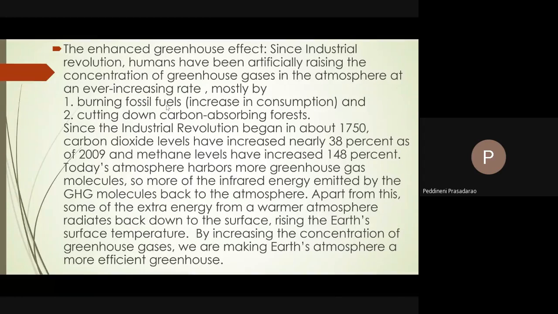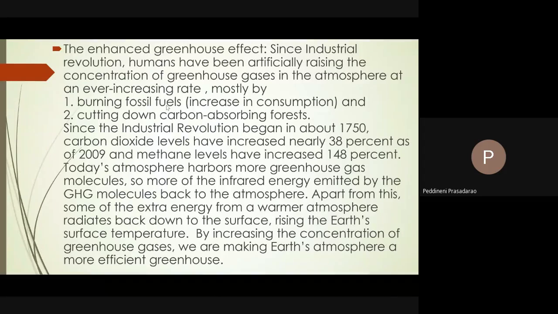So two things have happened as far as this Industrial Revolution is concerned. We started producing more and more carbon dioxide, oxides of nitrogen and other greenhouse gases by burning more and more fossil fuels. The second is that since our number is increasing, we need more shelters, and as a result we started cutting down our forests.